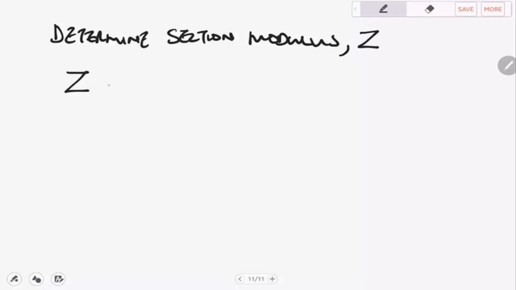So Z is equal to I total divided by Y bar. Z will be equal to the second moment of area divided by Y bar.